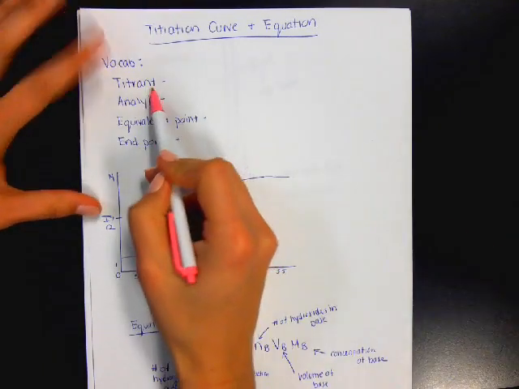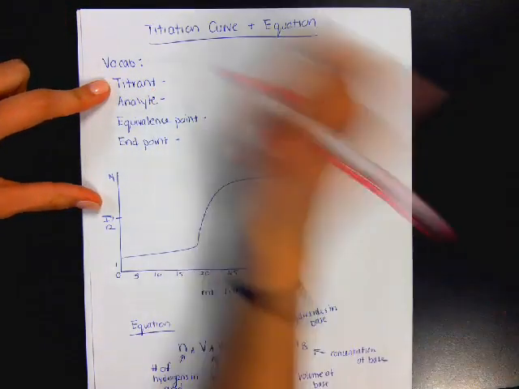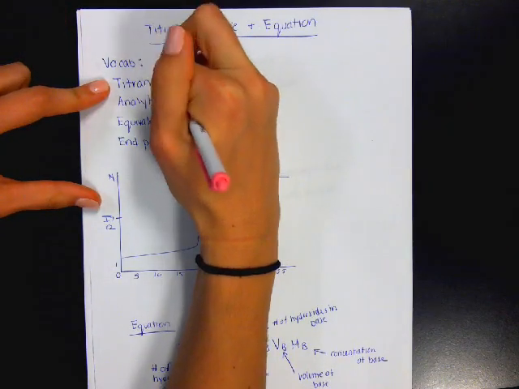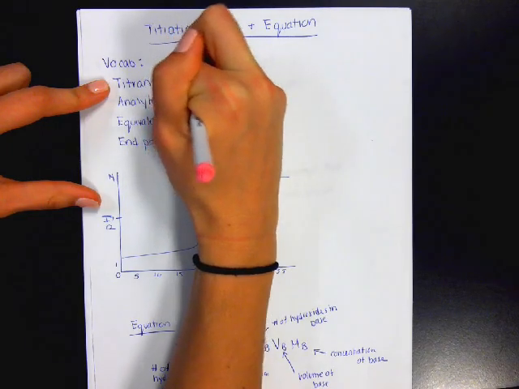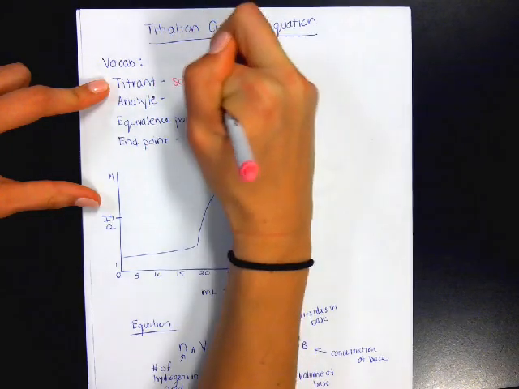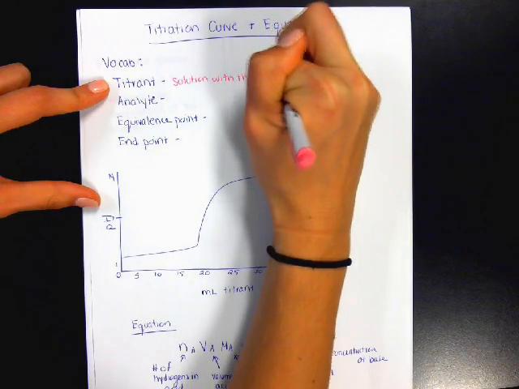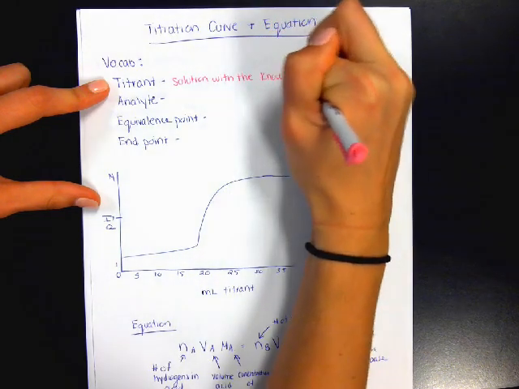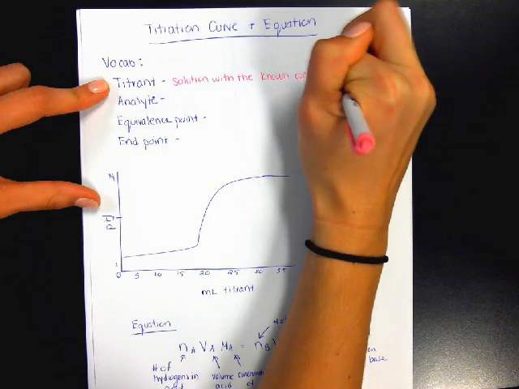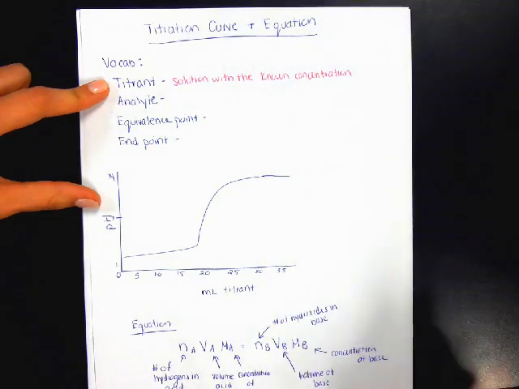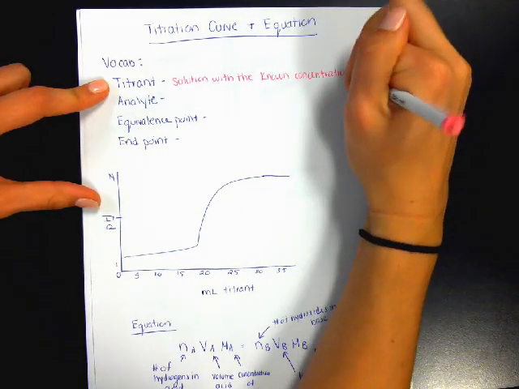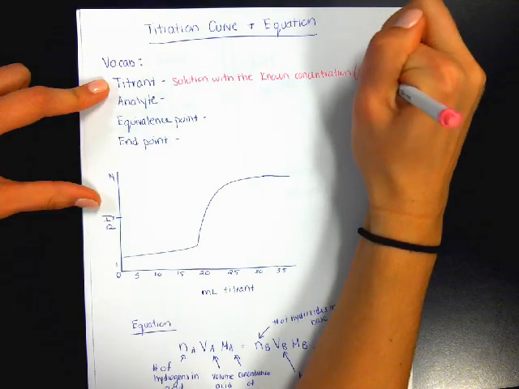So the first thing that we need to know is a titrant. A titrant is going to be the solution with the known concentration. And in an actual lab setup, it's found in the burette.